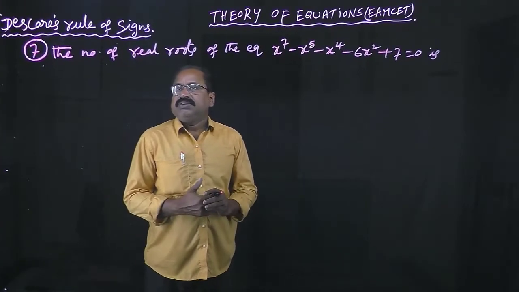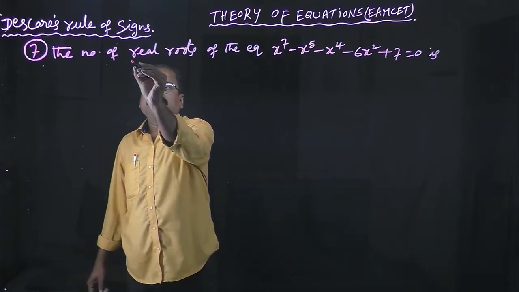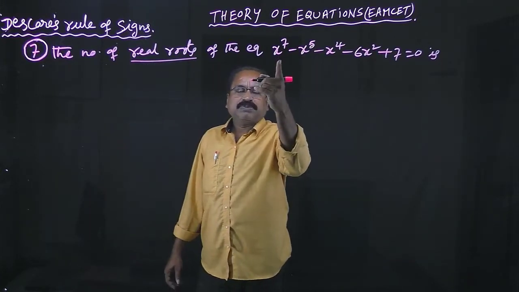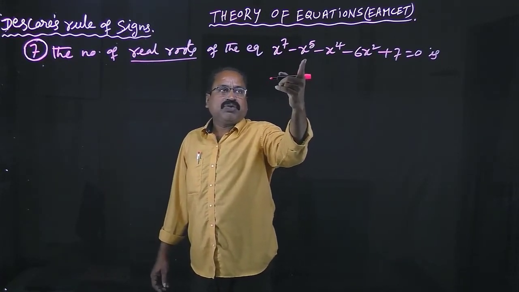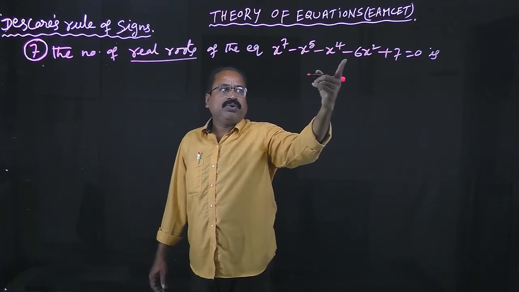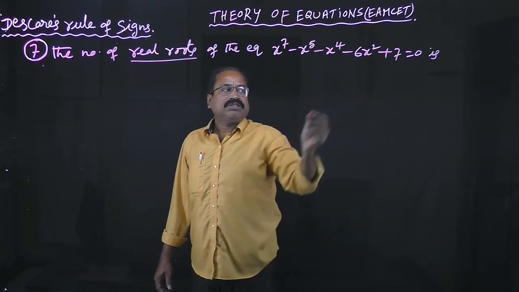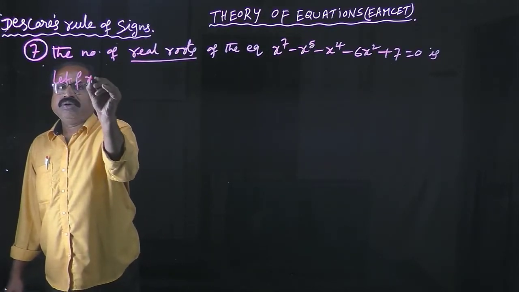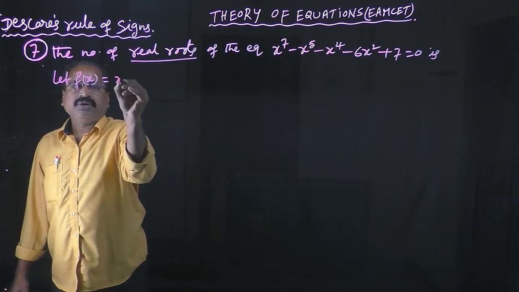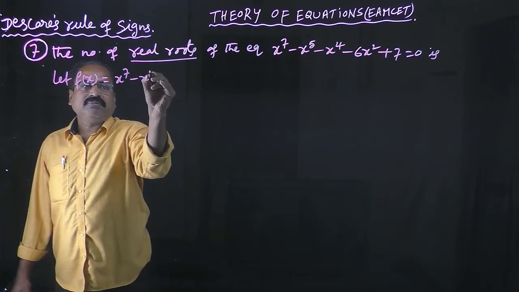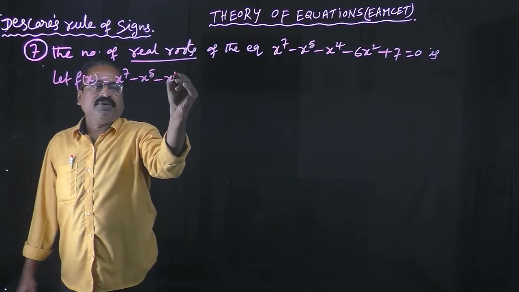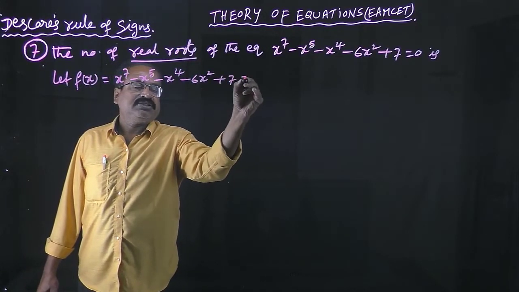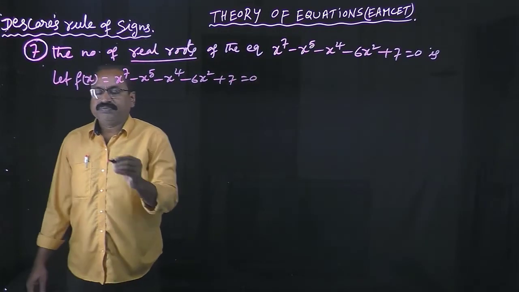Seventh question is the number of real roots. The number of real roots of the equation x power 7 minus x to the power of 5 minus x to the power of 4 minus 6x square plus 7 is equal to 0. Let f of x is equal to x to the power of 7 minus x to the power of 5 minus x to the power of 4 minus 6x square plus 7 is equal to 0.